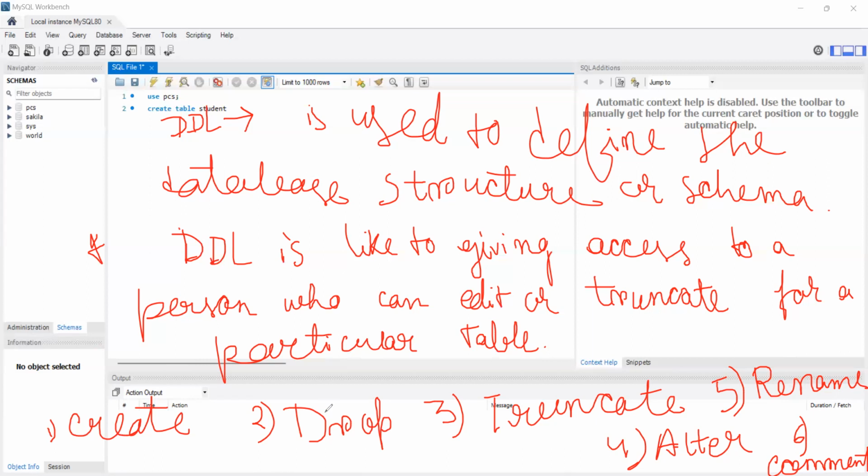This is a very common interview question. Both work the same, deletion. Drop means remove something.